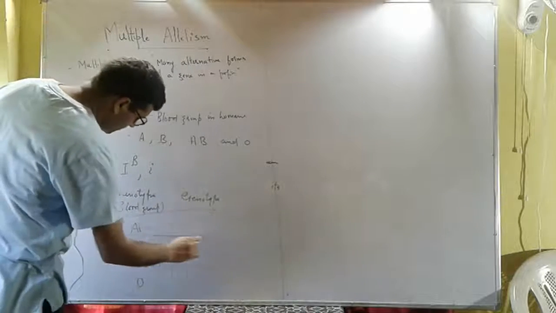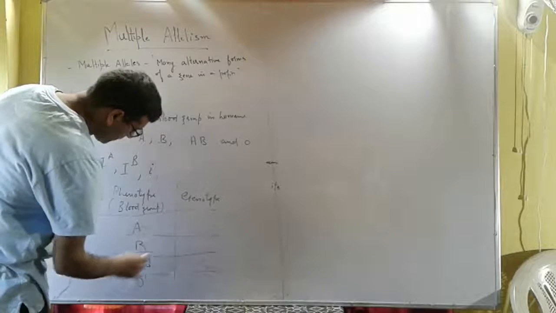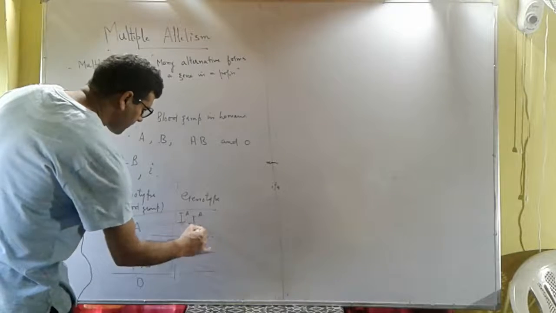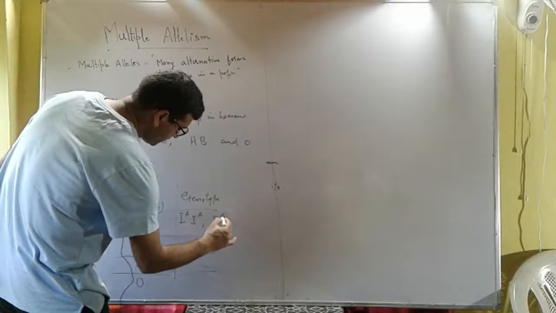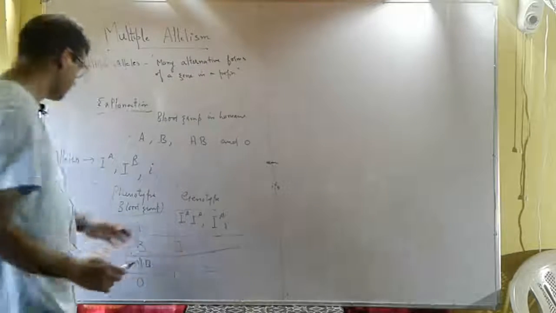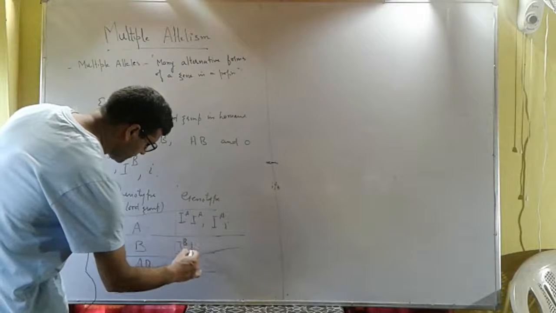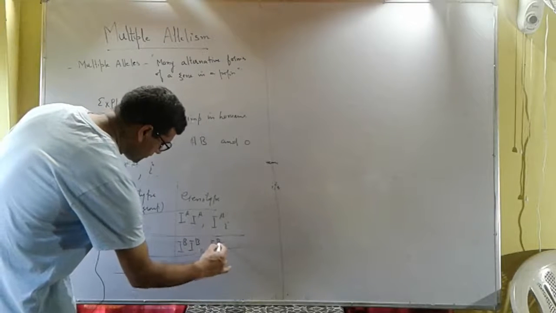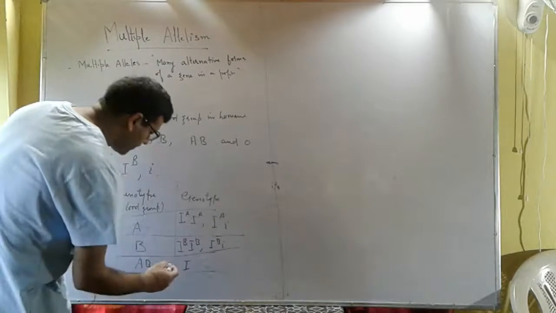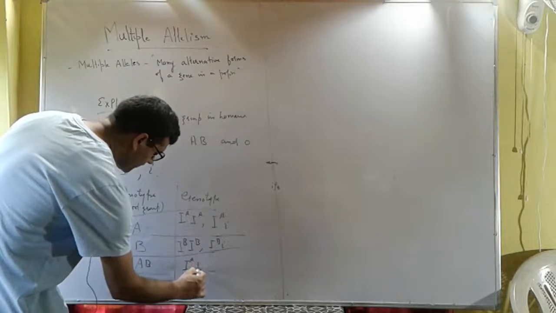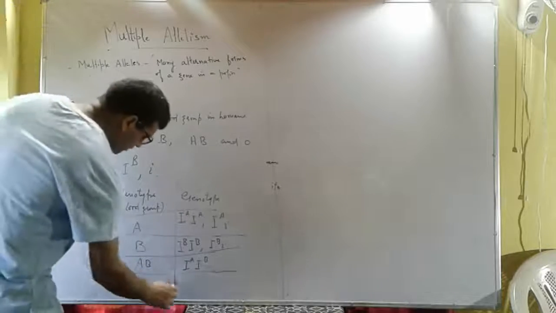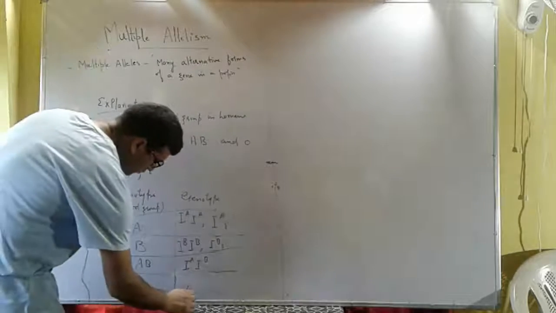For A blood group, the genotype is IA IA and IA small i. The genotype for B blood group is IB IB and IB small i. For AB we have IA IB. And the O blood group is controlled by small i small i.